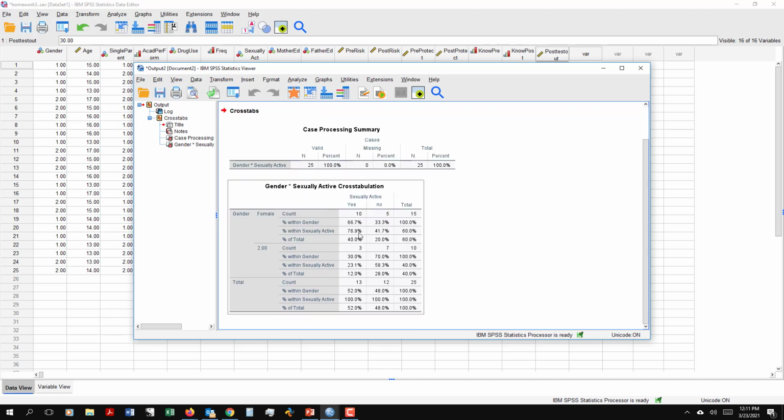That's how you can use crosstabs for nominal, ordinal level data to see how they break down and learn more about your population. Whether you need to report this, whether it has merit on your findings is a different story, but this is one way to look at those different crosstabs.